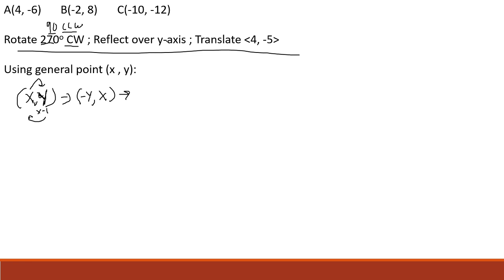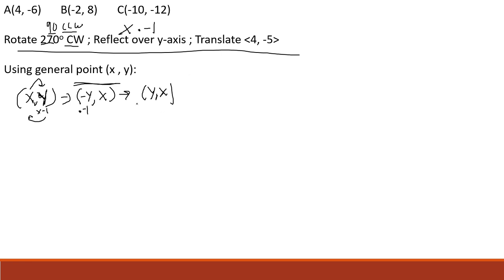Reflecting over the y-axis means you take the x times -1, right? I'm going to look at my point right here. I'm going to take my x value, which in this case is -y, and times it by -1. So that would give me y comma x.